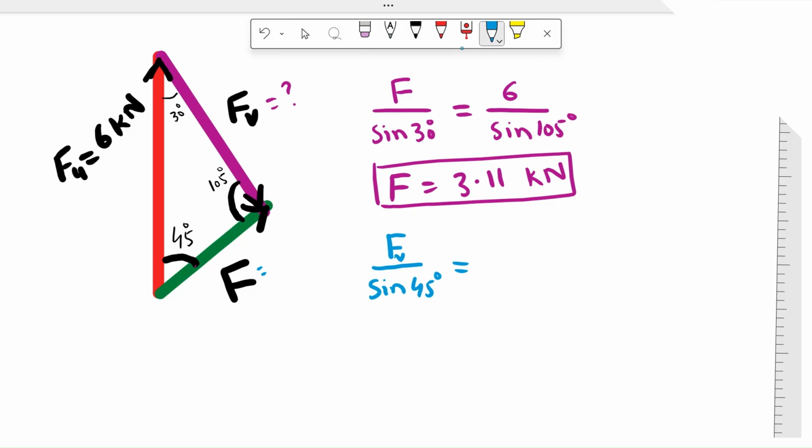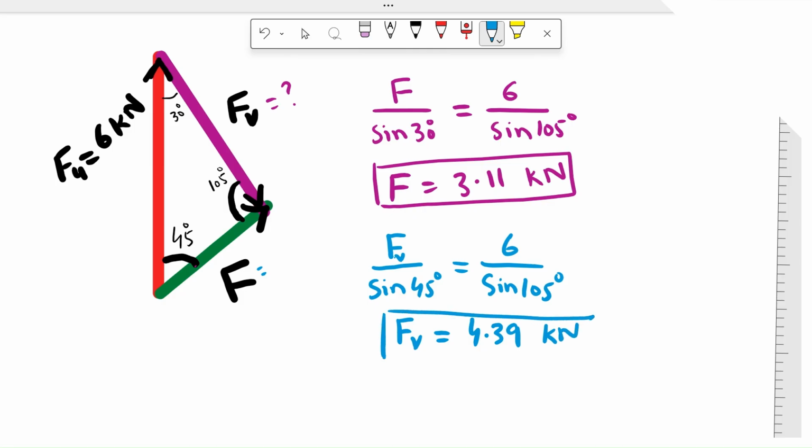I will use the same as I did here: Fu, which is 6, divided by the sine of its opposite angle, sine 105 degree. Putting the values in the calculator, we get the component of the resultant force along the V axis. Fv will be equal to 4.39 kilonewton.